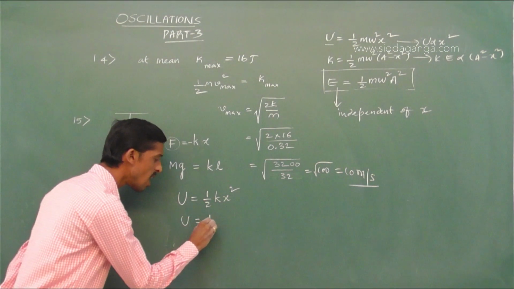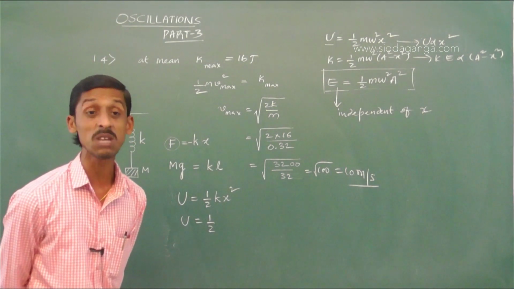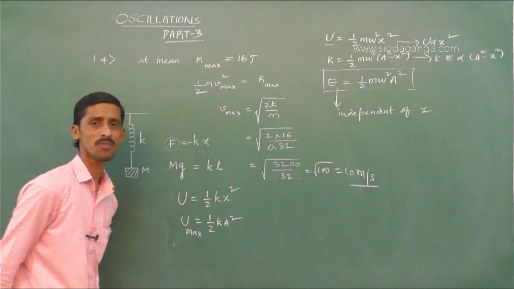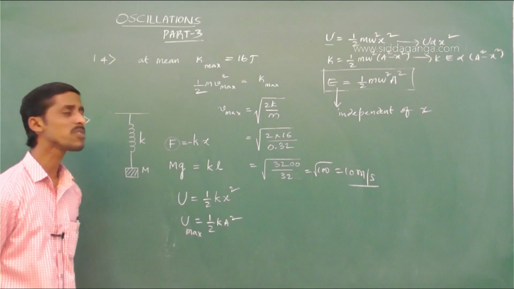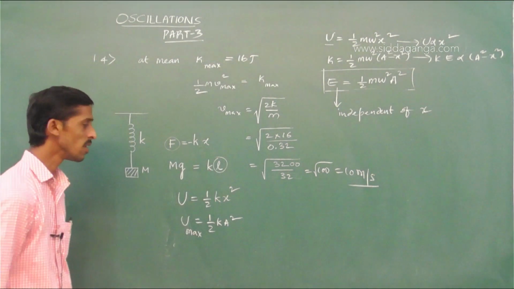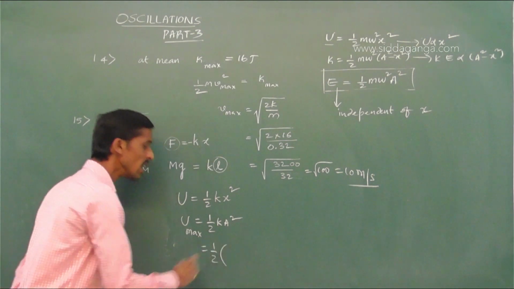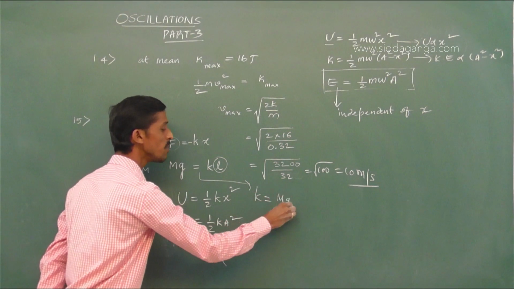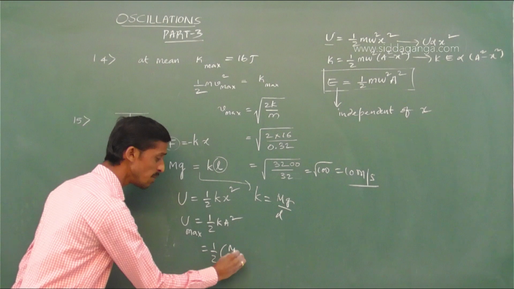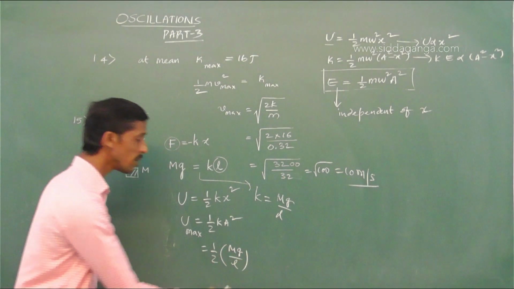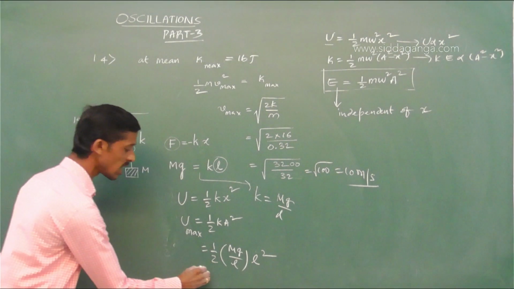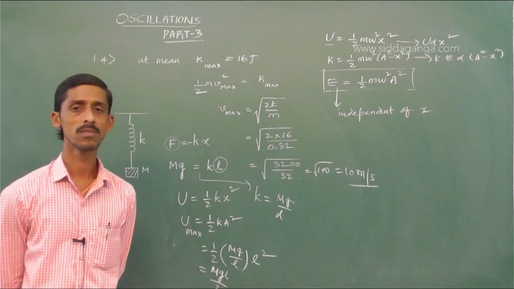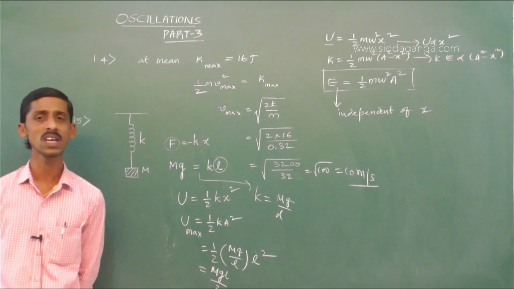So the maximum potential energy is half k a square. The maximum stretch is nothing but L. In place of k, we can write k equal to mg by L. So half times mg by L times L square, which is equal to mgL by 2. That is option C.